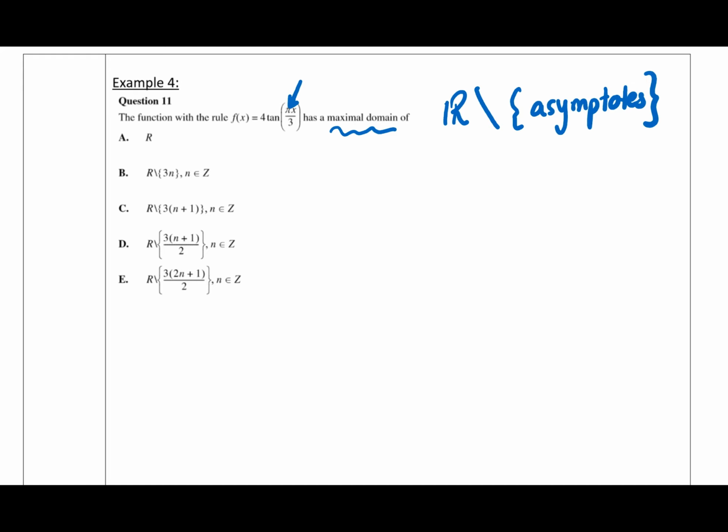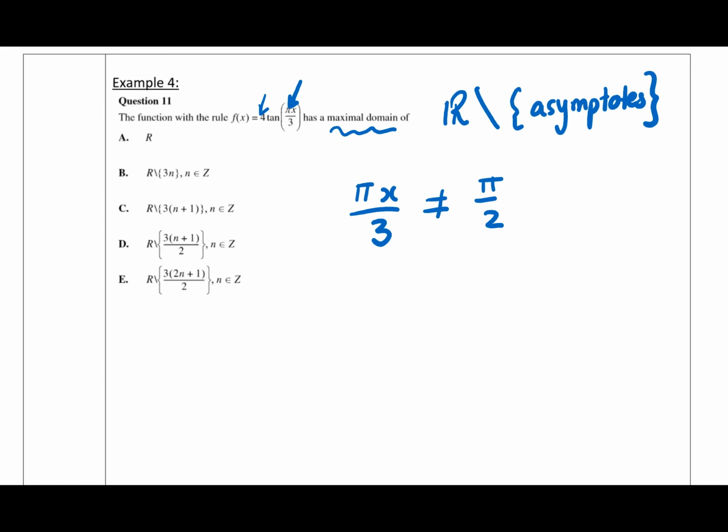So we've got to think of a way that we can generally describe those asymptotes. Well, I know that pi x on 3 cannot be equal to pi on 2. That's something that I know cannot be the case. And the fact that this is 4 on the outside isn't going to change that.